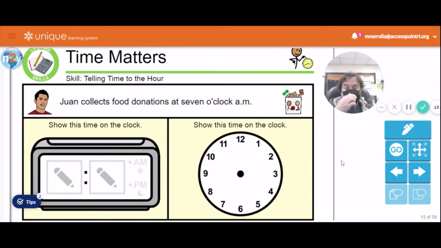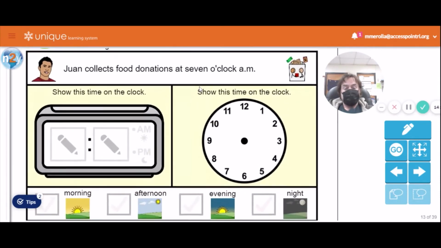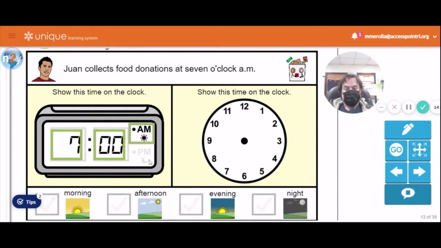Okay, now we're going to move on to the next part of this activity, which is telling time to the hour. Juan collects food donations at 7 o'clock a.m. Show this time on the clock. Okay, so for digital, it would be, all right, and then 7 o'clock a.m. All right, with the sun symbolizing the morning time.